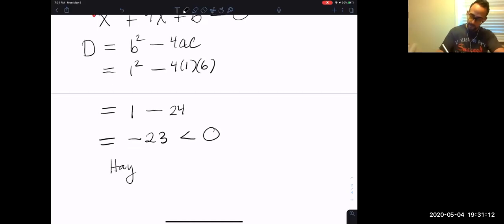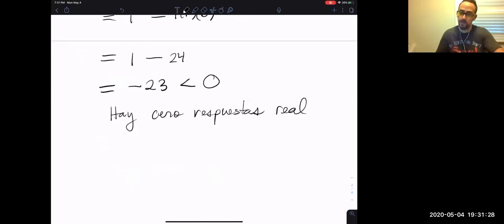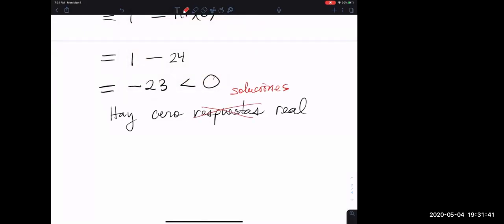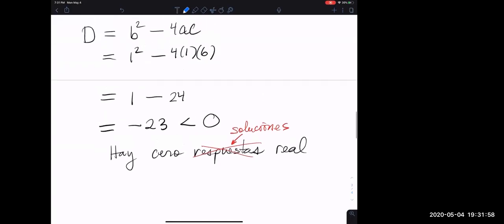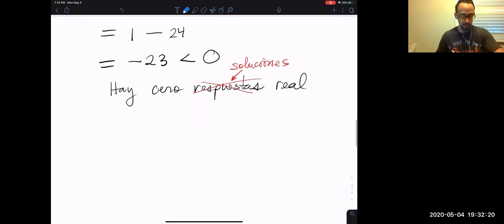Entonces hay 0 respuestas reales, ¿no? Por soluciones es una mejor palabra, soluciones. El discriminante sería negativo 23, right? Sí. And then it's showing me no hay soluciones reales.